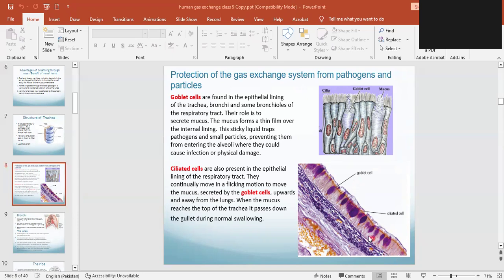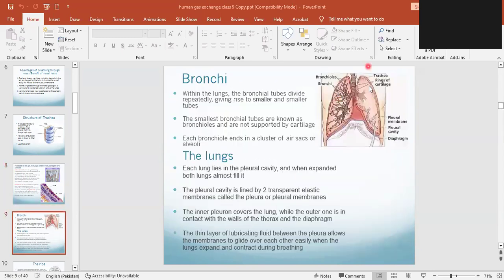If you see, in between the ciliated cells there are some goblet cells present. That's why the cilia of the ciliated cells are embedded in the mucus. They are pushing the mucus to and fro, so they can push it out if anything is stuck. Okay?